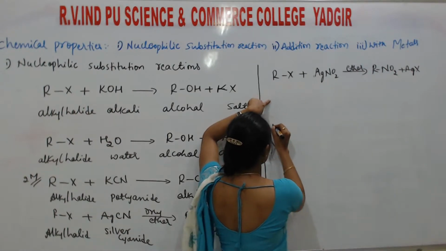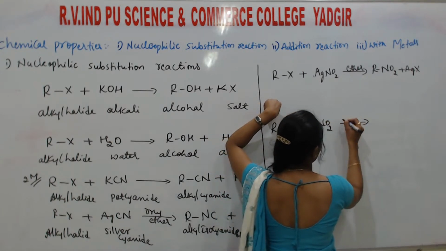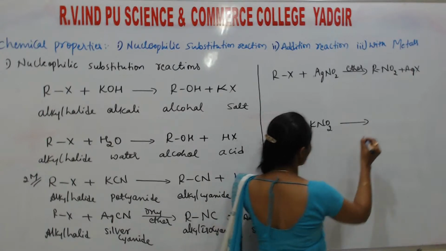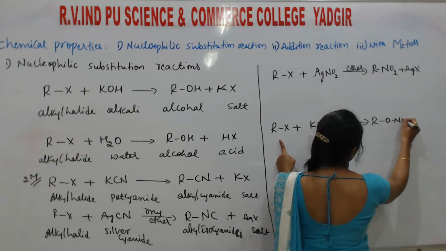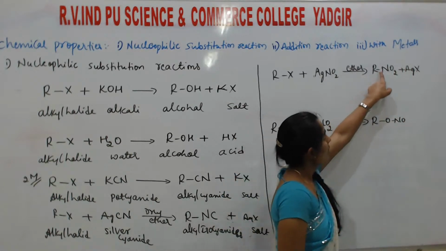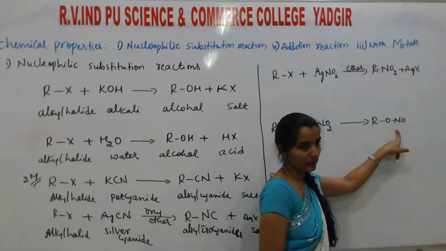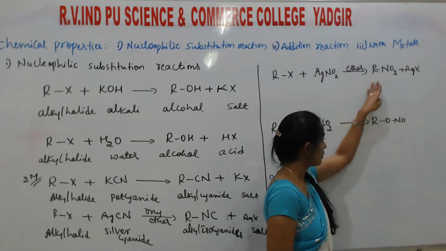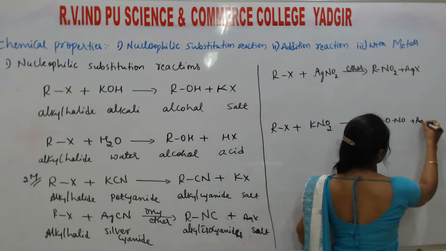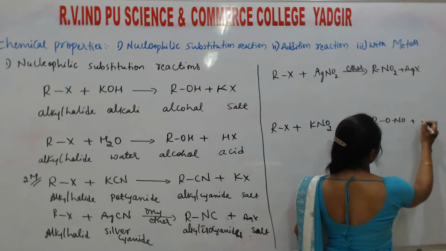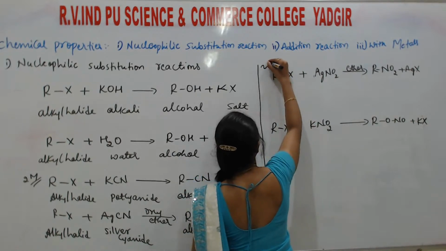Okay, instead of AgNO2, if you take KNO2, it forms RONO. So here the bond is through the nitrogen atom, here the bond is through the oxygen atom. This is nitro, this is nitrito, this is nitro. Understand? So plus AgX, plus KX.